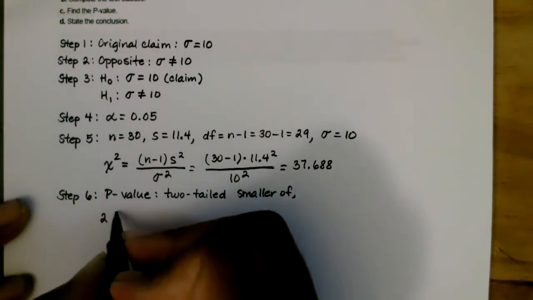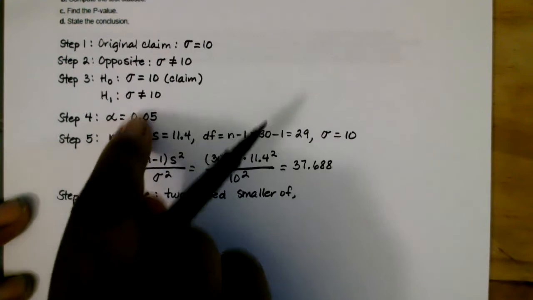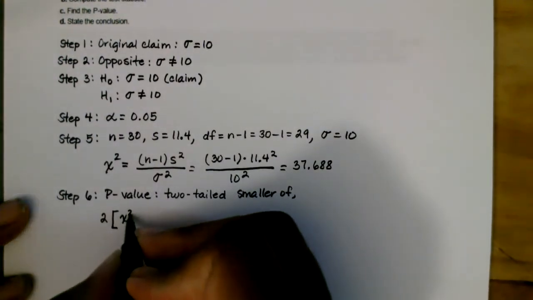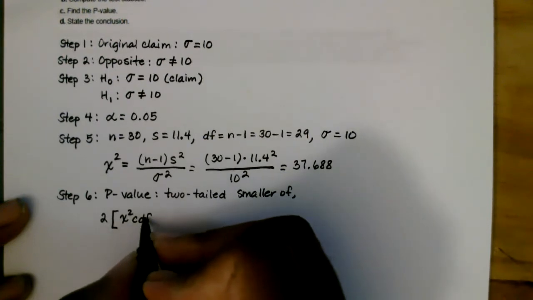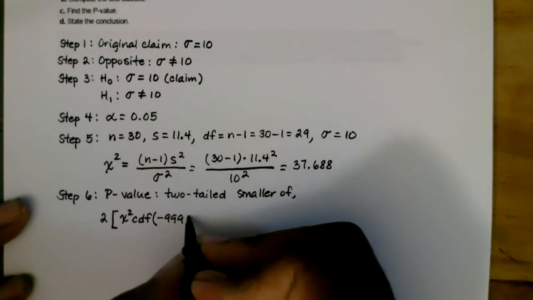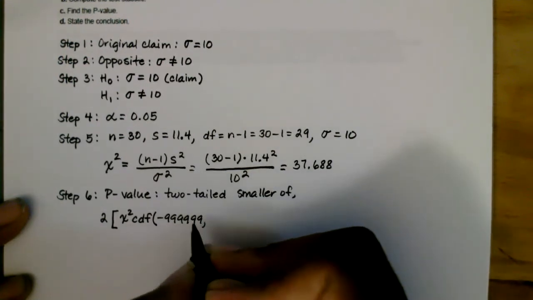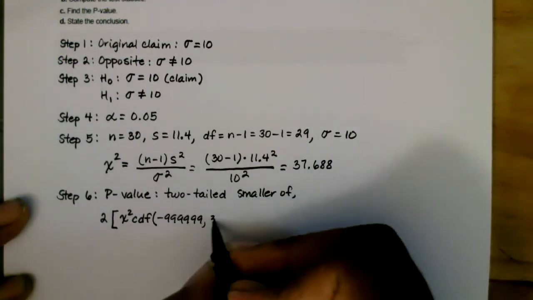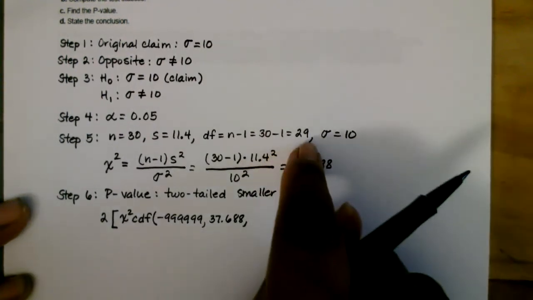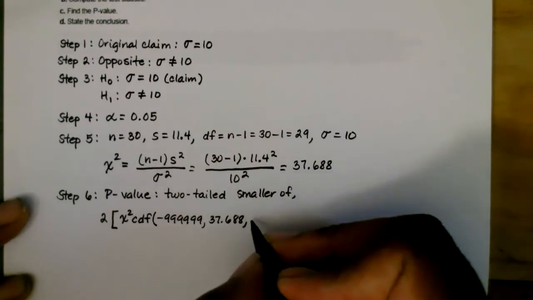So the way we have to do this, we have to do 2 times, because it is a two-tailed test. So that means we have to do 2 times chi-squared CDF, and then negative with at least 6 nines here, and then the test statistic, 37.688, and then my degrees of freedom, 29.